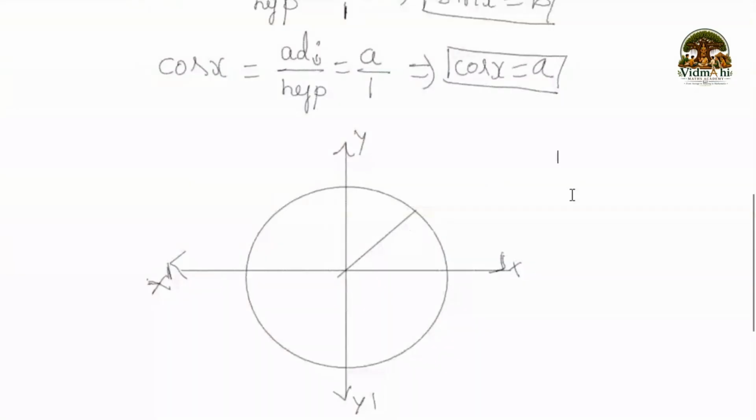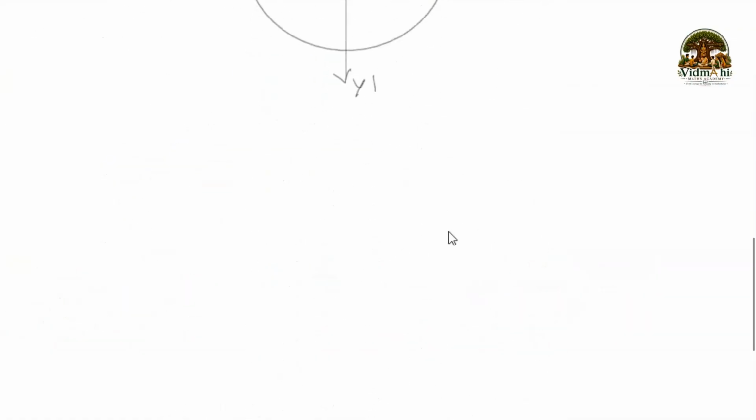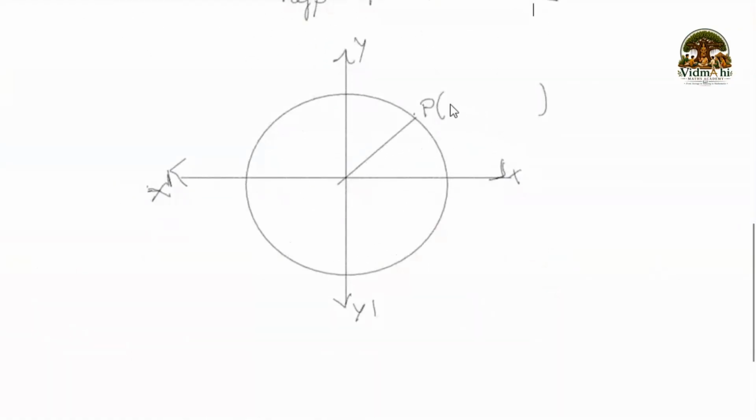So this point is nothing but P. P coordinates are A comma B. Instead of A comma B, we can say this is cos x comma sin x. Since this is the x axis and the initial ray, the angle is 0 degree.